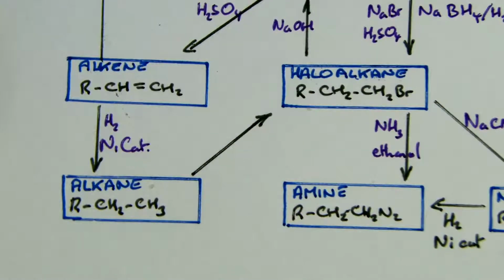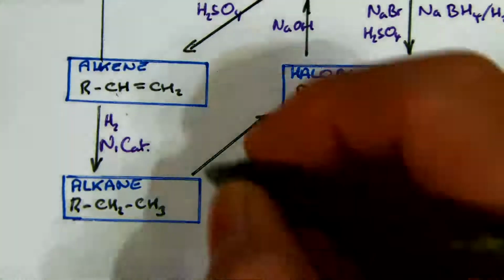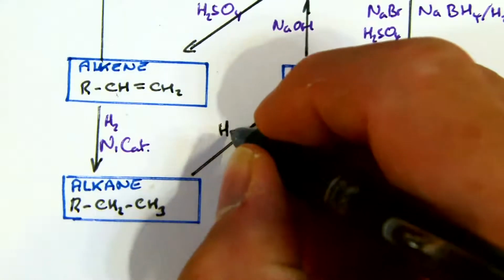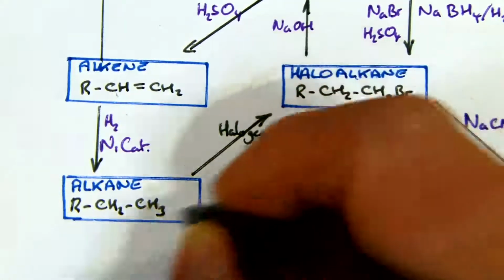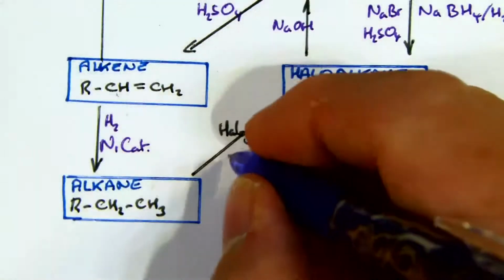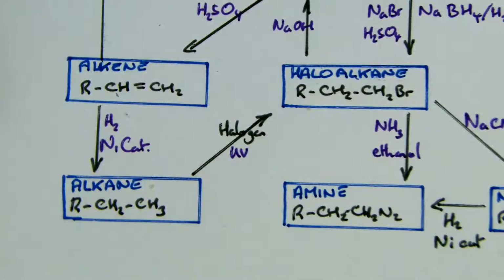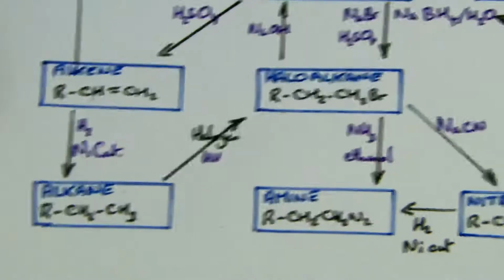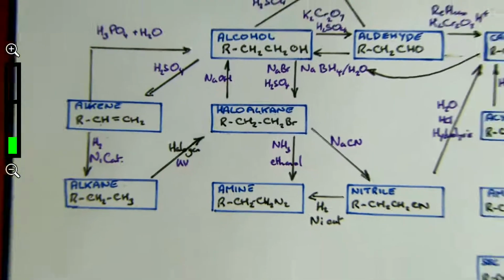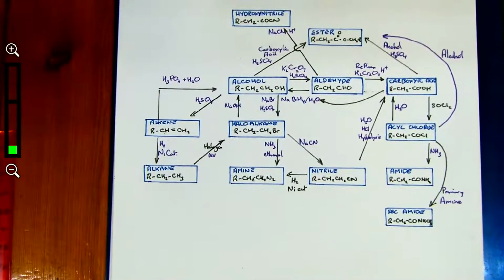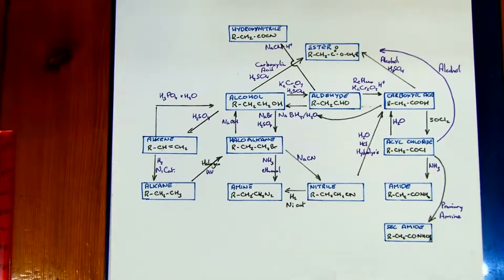And by turning this into a haloalkane, I would simply do this by using a halogen plus something like UV light. So we're building up a synthetic pathway that we can use to go around and try and work out all types of things.